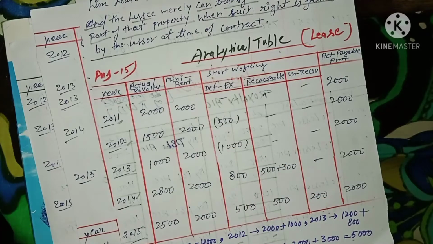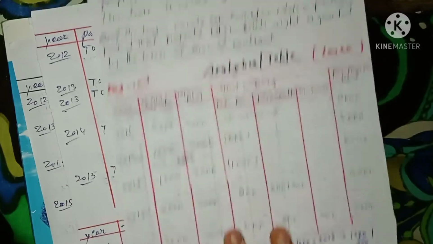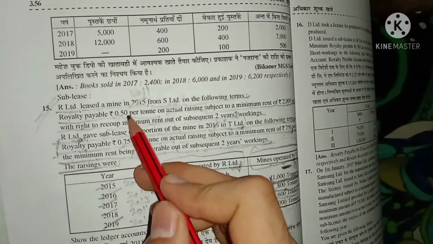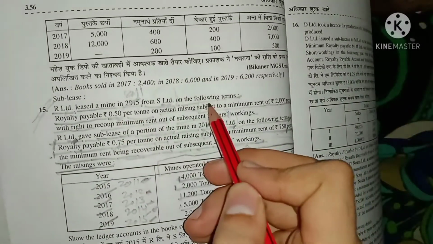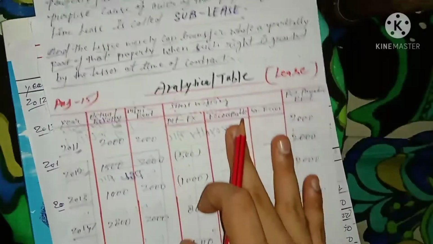Then after adding them up, in case of lease you simply have to multiply that quantity with the royalty rate, as per the terms and conditions, by R limited for S limited, the real owner of that property.